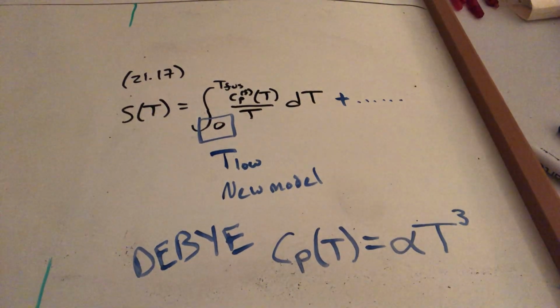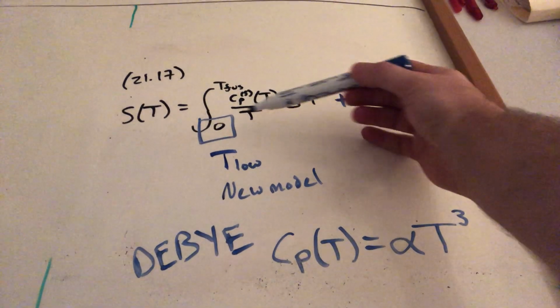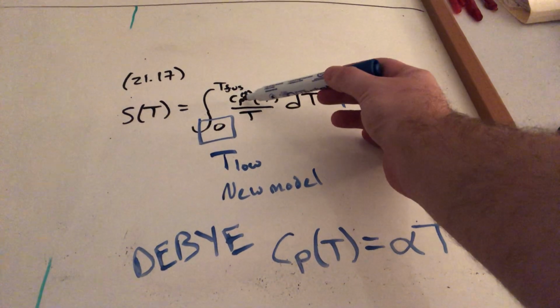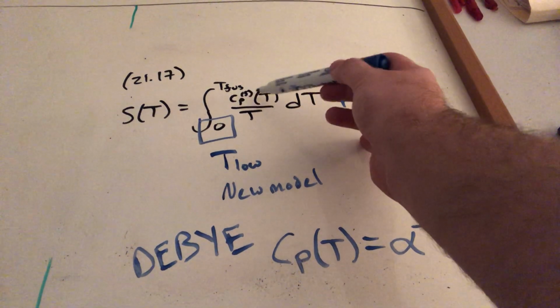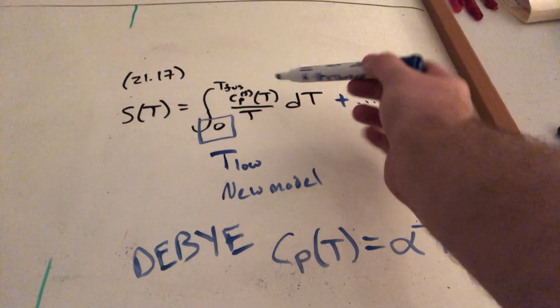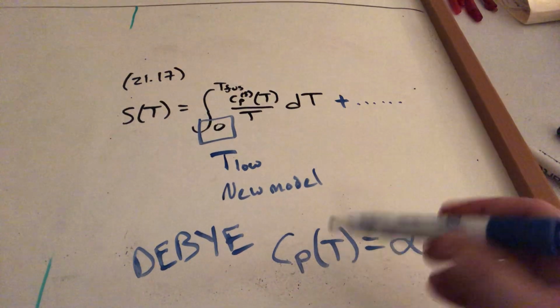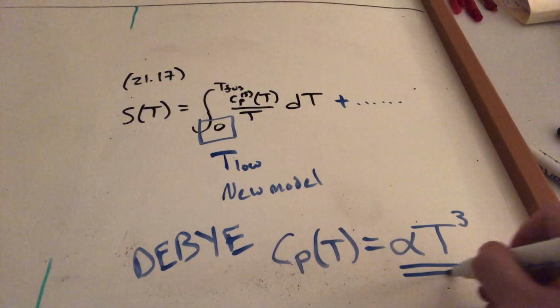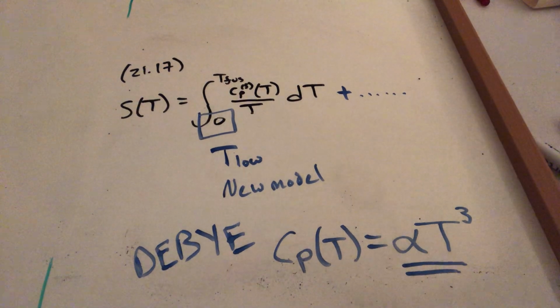This is how we will deal with heat capacities in that region. So again, one more time, it's not from 0 to T fusion because the same Cp can't be used to describe both the quantum and classical regions. We go from T low to T fusion using our classical Cp, but from 0 to T low, we're going to use a function that looks like this T cubed function, okay?